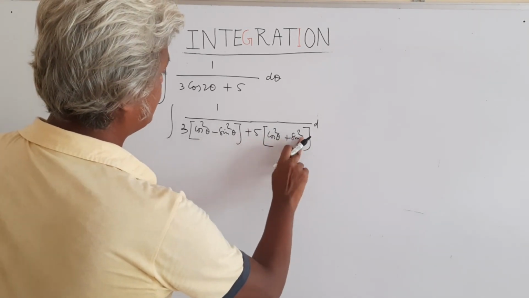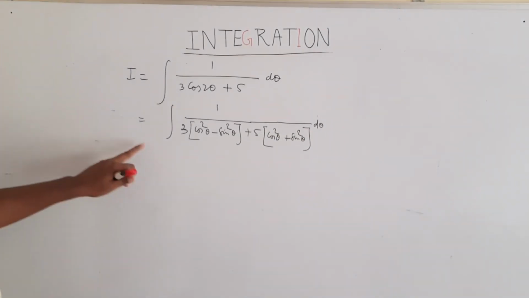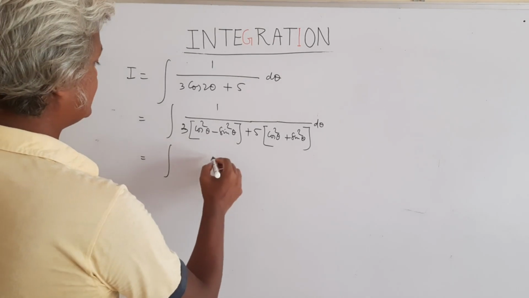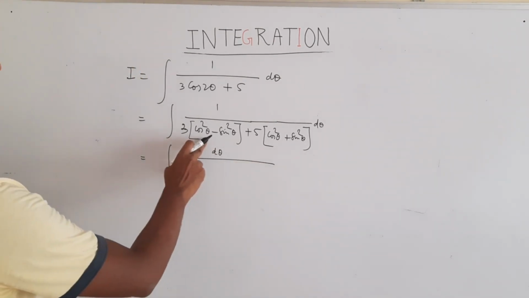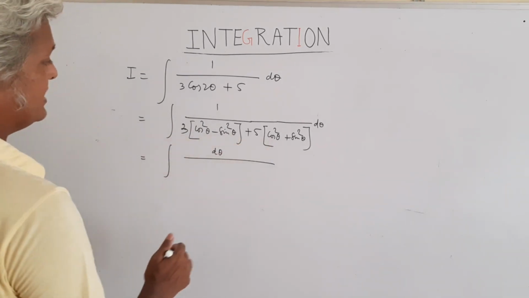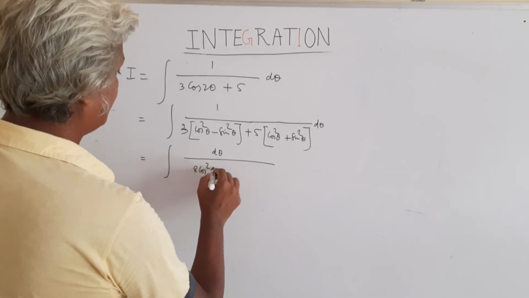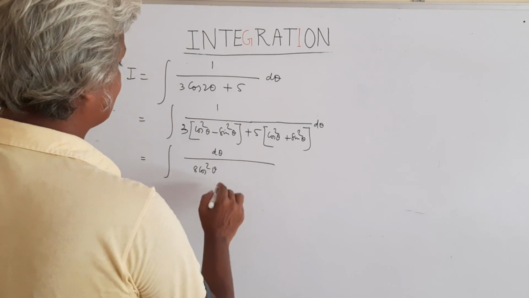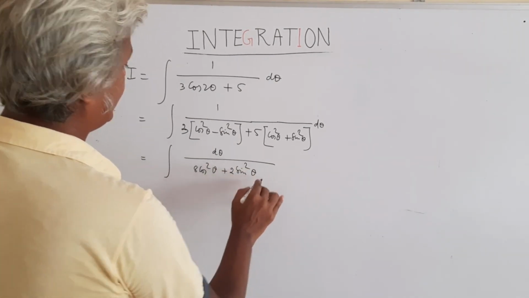This is theta, this is theta, and this is also theta. Fine. So now if you simplify, you find the denominator as a mixture of sin square theta and cos square theta. So this is 3 cos square theta here, and the 5 cos square theta gives you 8 cos square theta, and the minus 3 sin square theta and the plus 5 sin square theta gives you 2 sin square theta.